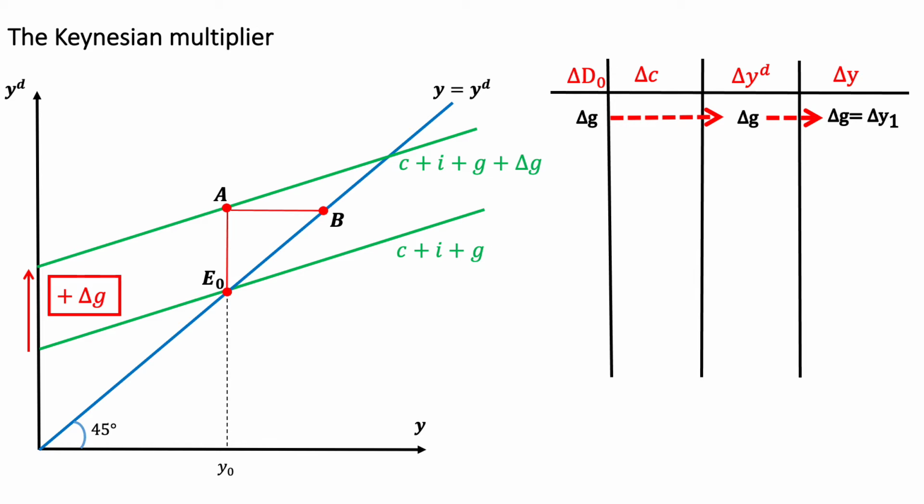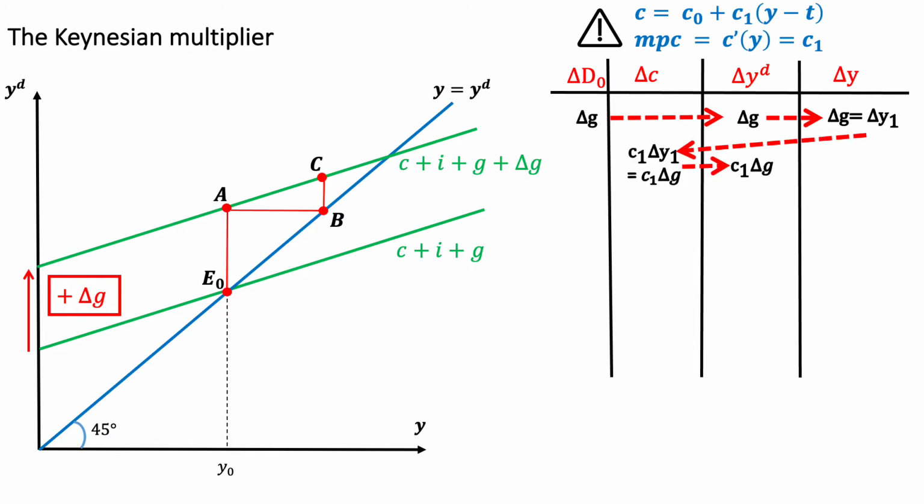This increase in income will trigger an increase in consumption by an amount C1 times delta Y1, which is equal to C1 times delta G. Just a reminder, here C1 is the marginal propensity to consume in the case of an affine consumption function, as we have in the Keynesian consumption function.